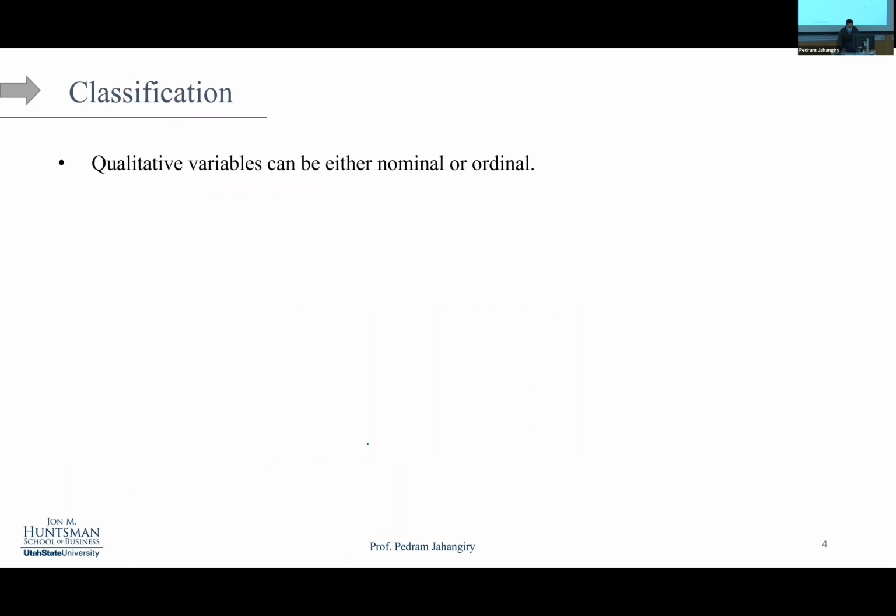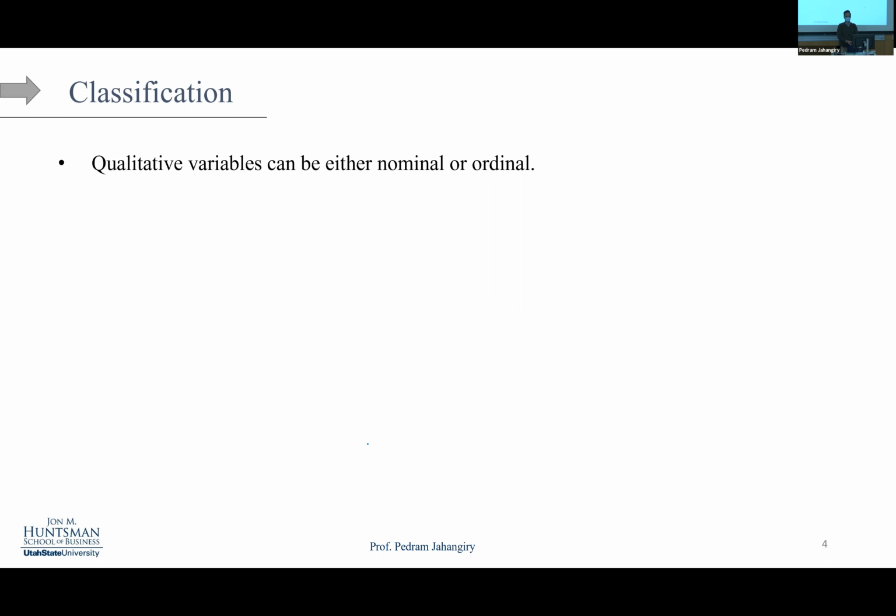Okay. Now, classification itself, whenever we have a classification problem on hand, we're dealing with qualitative target variables, right? So your target variable is not continuous anymore. It's qualitative. And qualitative variables can be either nominal or ordinal. Do you remember what is nominal, what is ordinal?